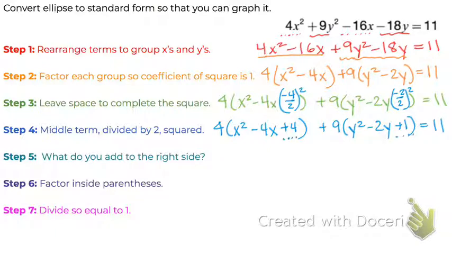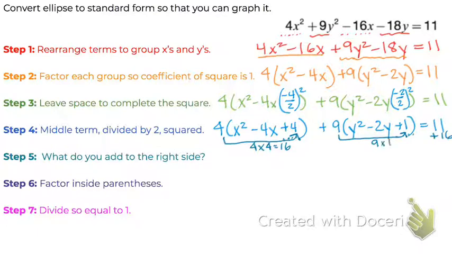No, look at that. That plus 4 is inside parentheses. So that plus 4 is actually 4 times 4. We actually added a 16. So we have to add a 16 over here. And that plus 1 is actually 9 times 1.